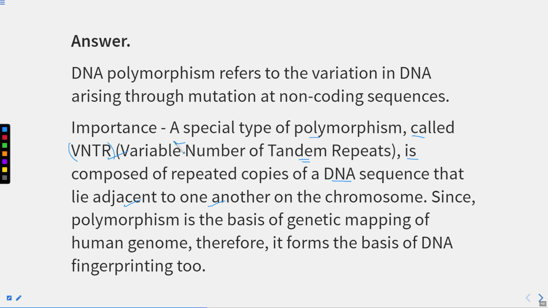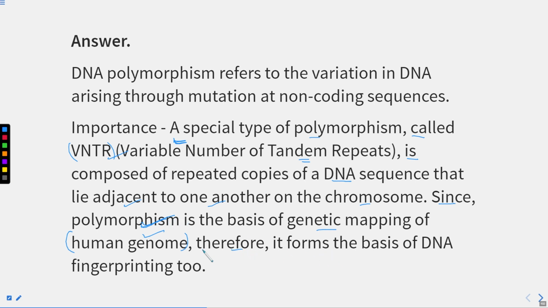These variations lie very close to each other on the chromosomes. Now, since polymorphism is the basis of genetic mapping of the human genome, the mapping of the human genome in the Human Genome Project was done on the basis of this DNA polymorphism.